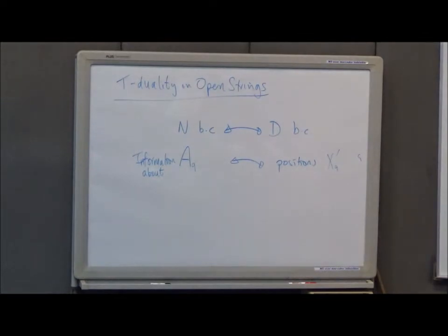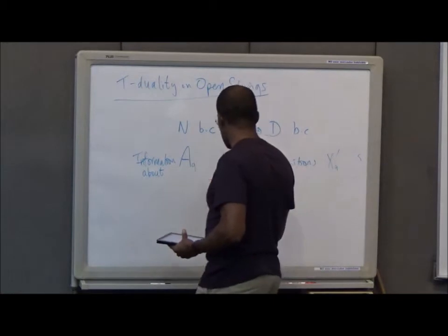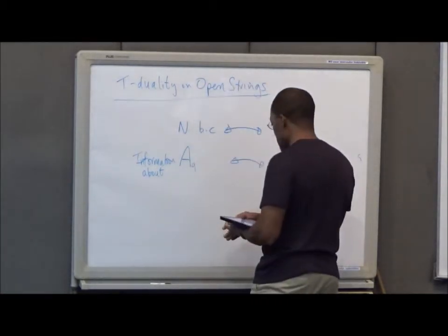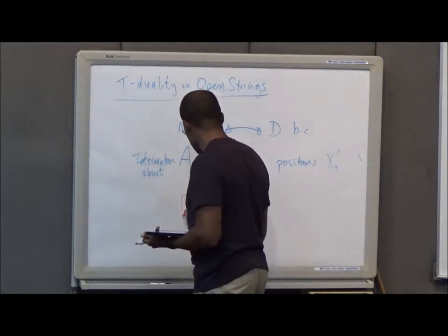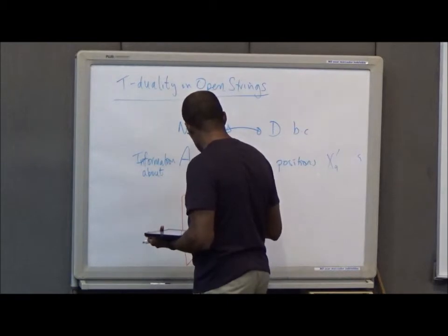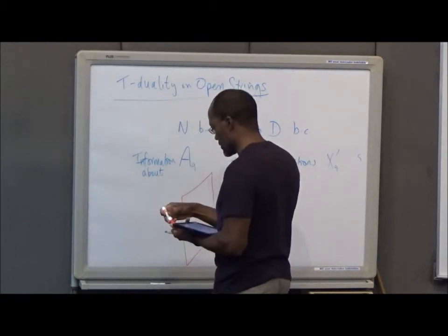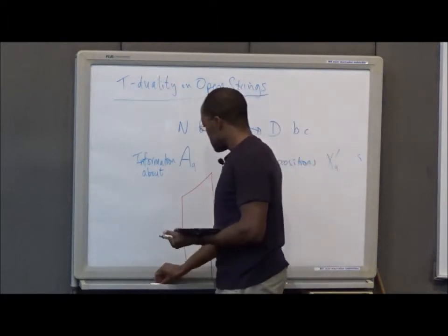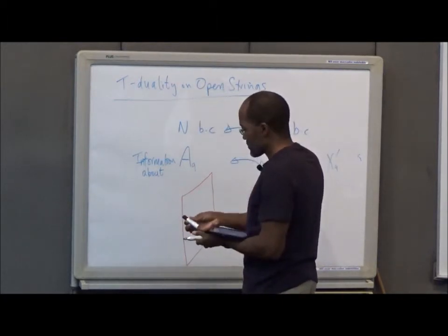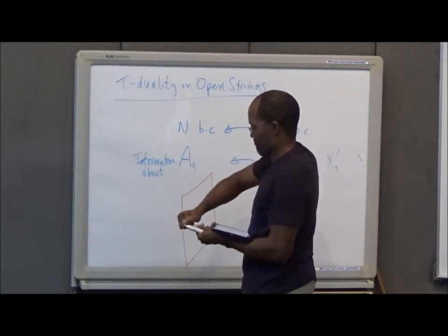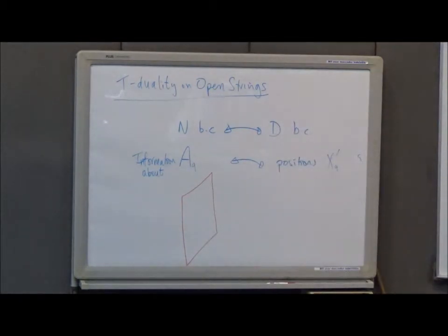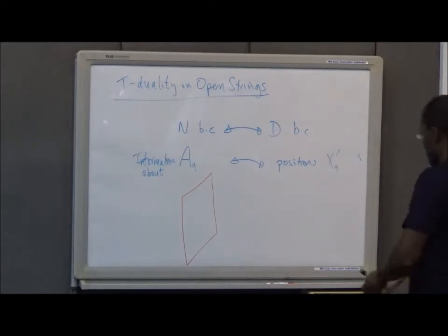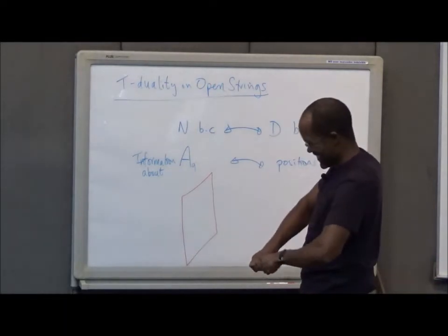So then we have this picture which I drew at the end of this object, which I explained why it's called a D-brane.